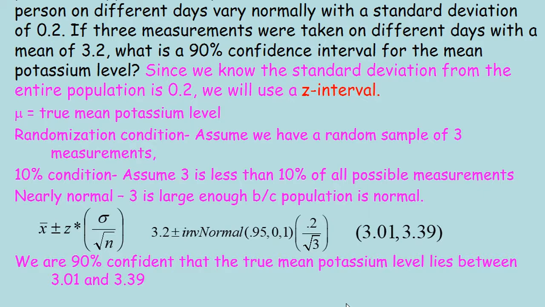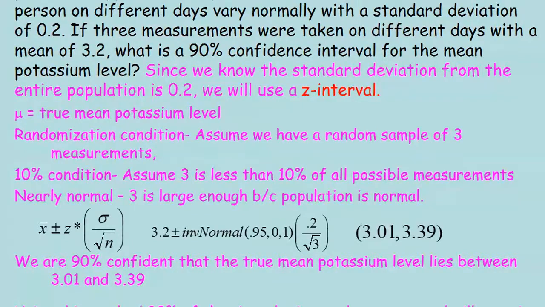Again, I think that would be multiple choice on your test and quiz. And then the final step, sometimes it's going to ask you to interpret the level. So this is a 90% level. So you would say, using this method, 90% of the time, the intervals constructed will contain the true population parameter, or you can put population mean.